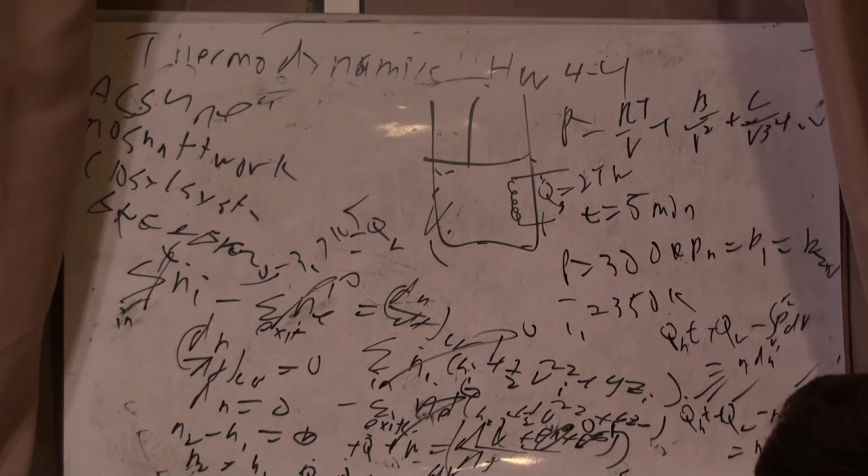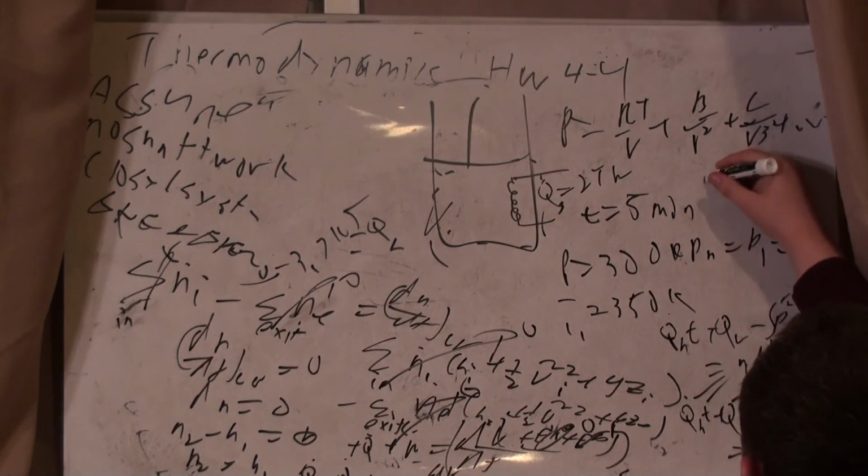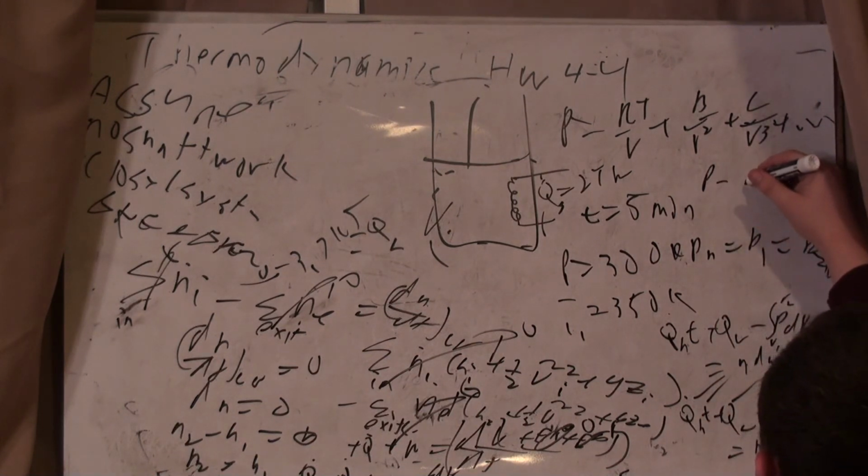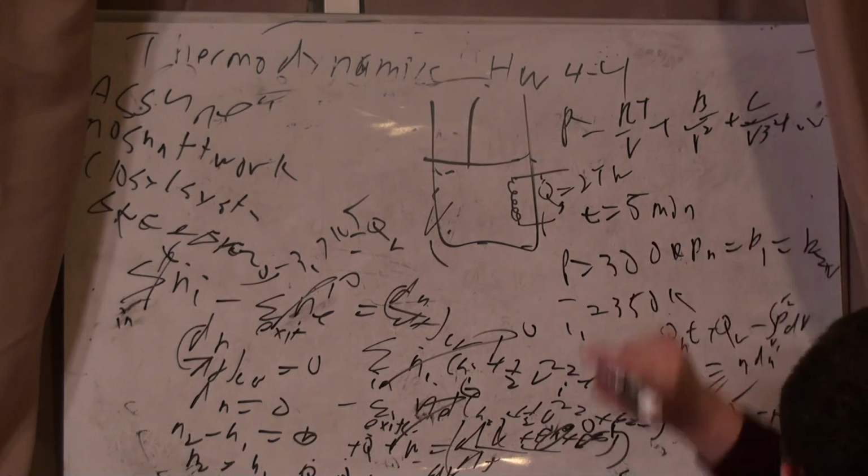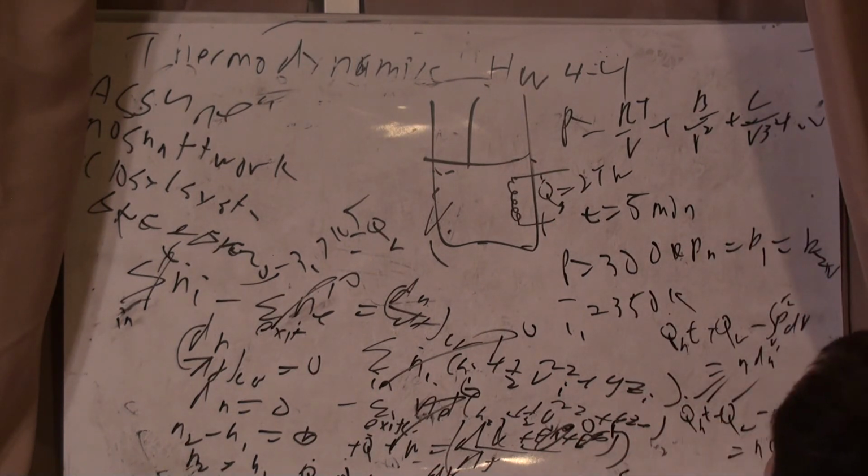Again, I'd have P's, so I'd use those P's to solve for my V's, and I'd have to solve for V in terms of T, or vice versa.